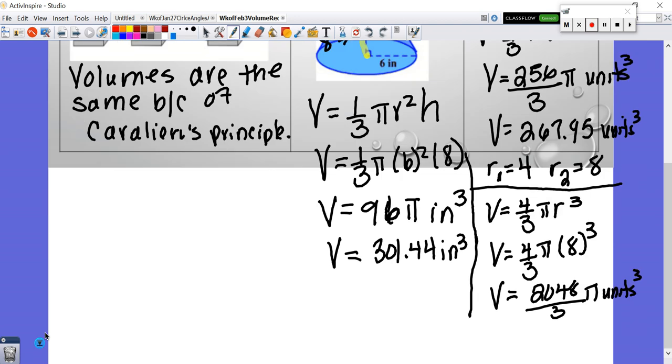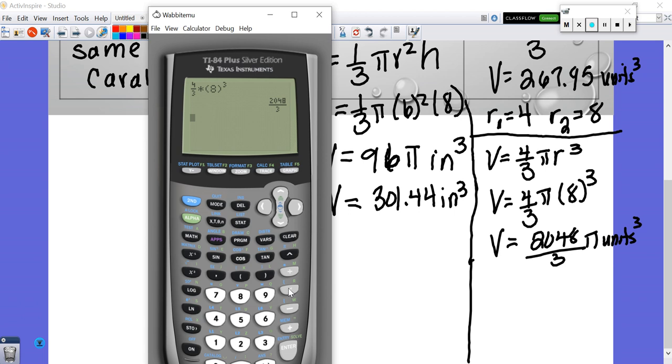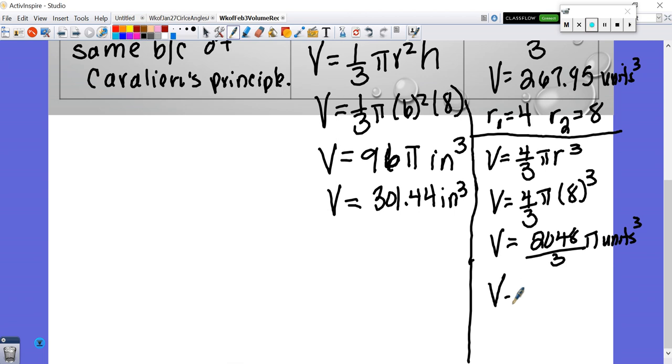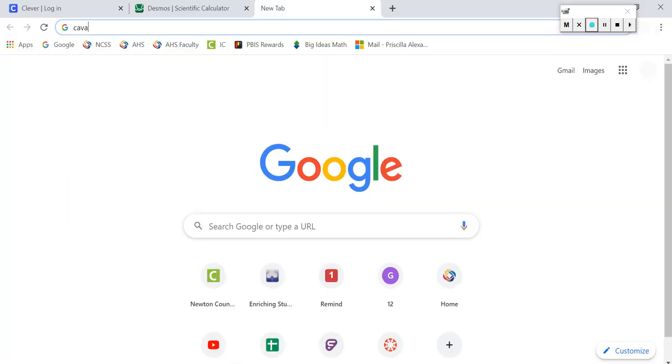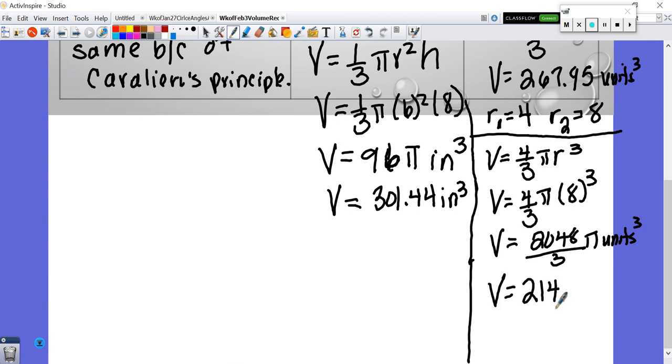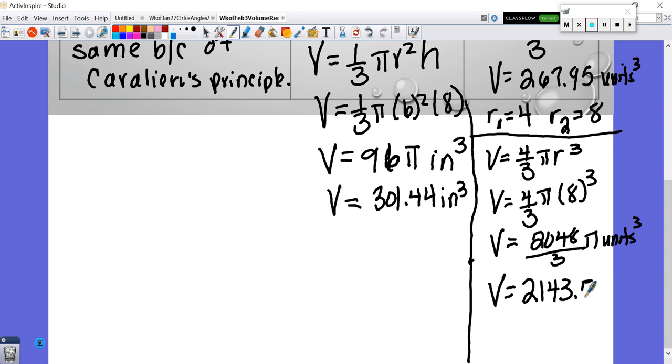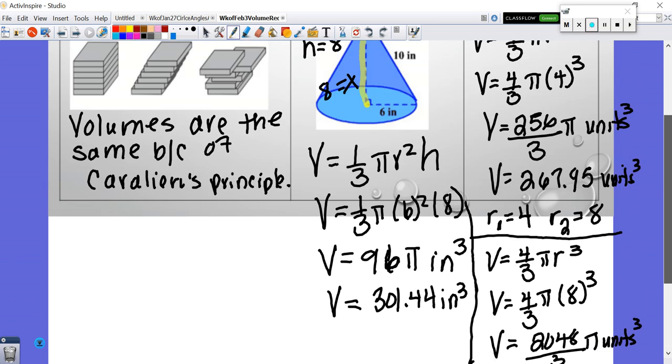And to get the approximate answer, then I take that, multiply it by 3.14 equals, oops, units cubed. So it says what happens when it's doubled.